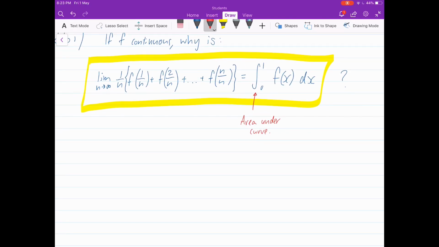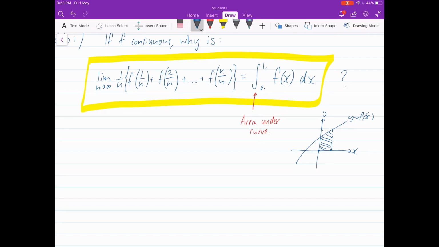Suppose I have a curve like this for f, and this is my x-axis, this is my y. If I have 0 in the lower and 1 in the upper, I'm going to look at the x here, which is 0, and the x here, which is 1. I'm going to take the area underneath, all the way to the x-axis.